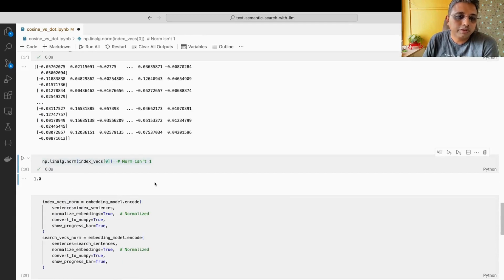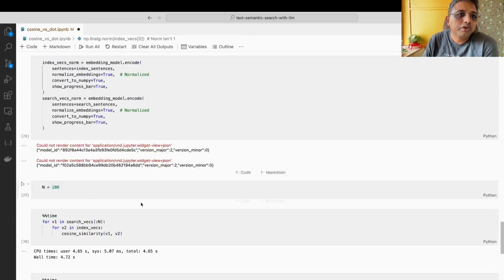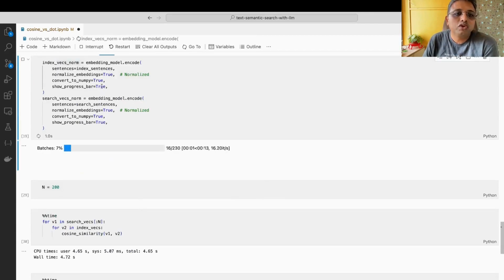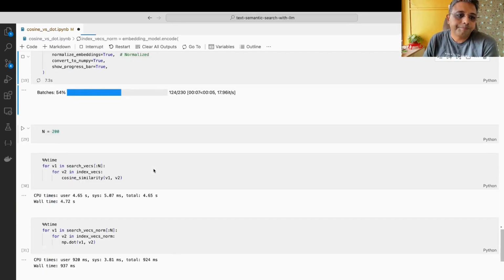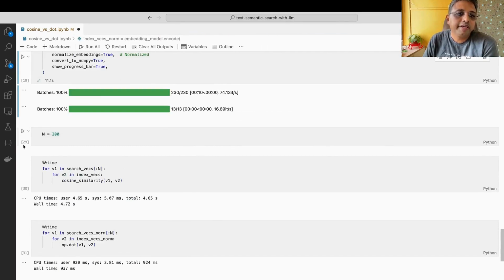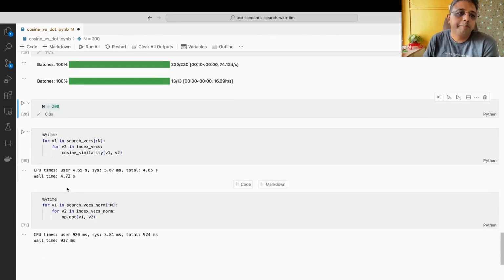Okay, this is not important. Here we are normalizing the embeddings and then downloading them. The key thing is that we are taking 200 records from both and comparing them.